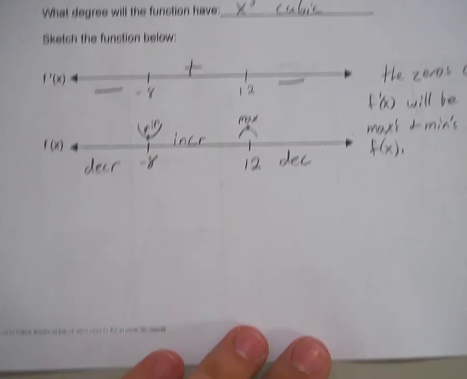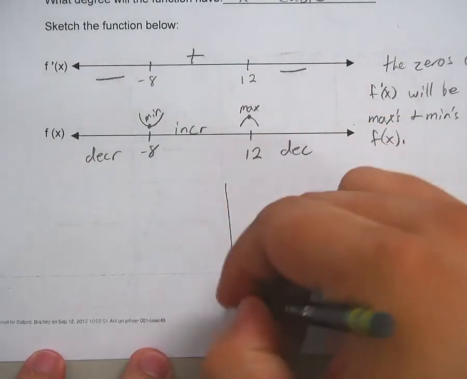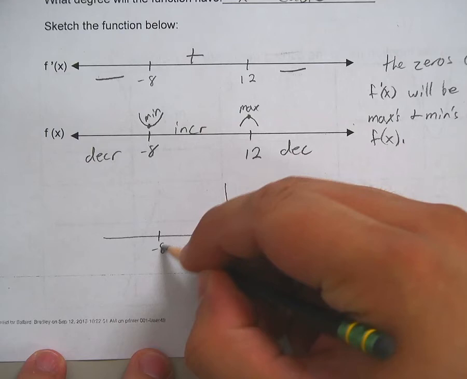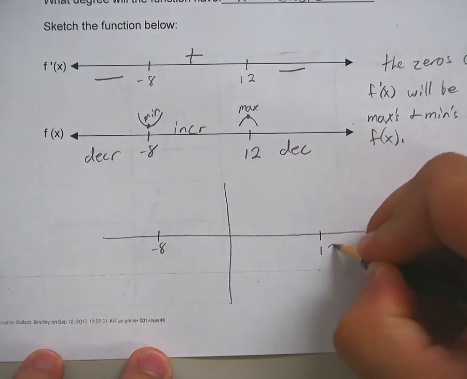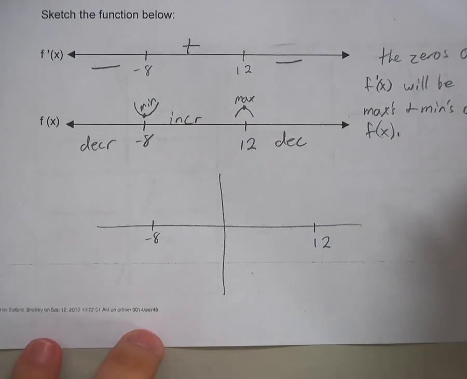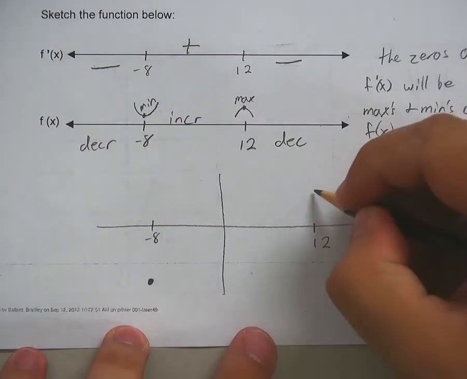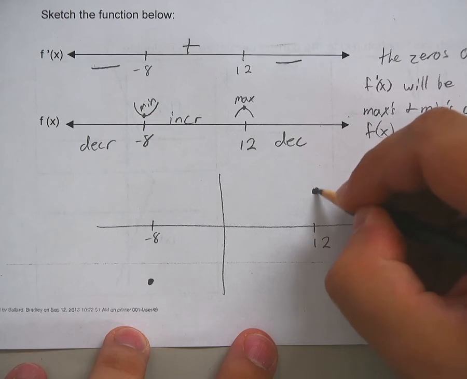So let's actually graph it and let's see if that actually pans out. We're just going to do a quick sketch. Here's negative 8. Here's 12. And we said we had a minimum at negative 8 and a maximum at 12.